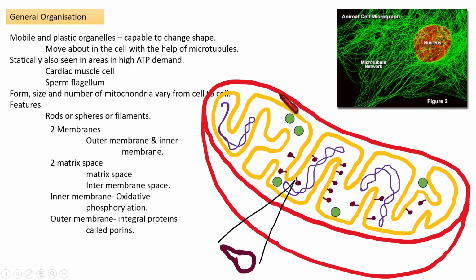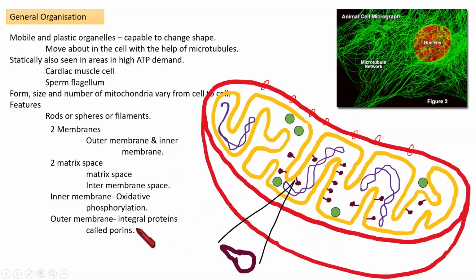And the outer membrane, what is its importance? Many integral proteins are present, and these proteins are equal to some pores, and through those pores transport of materials is possible. Just like some holes, these proteins stand in the form of channels.